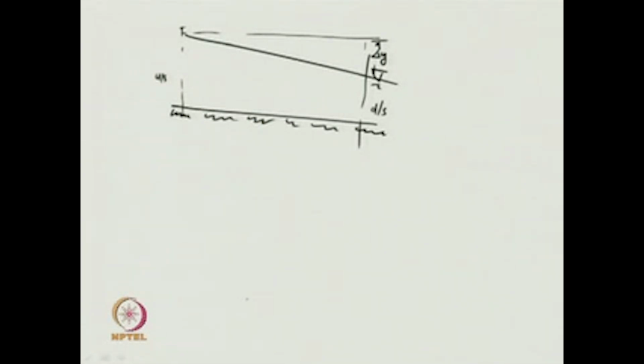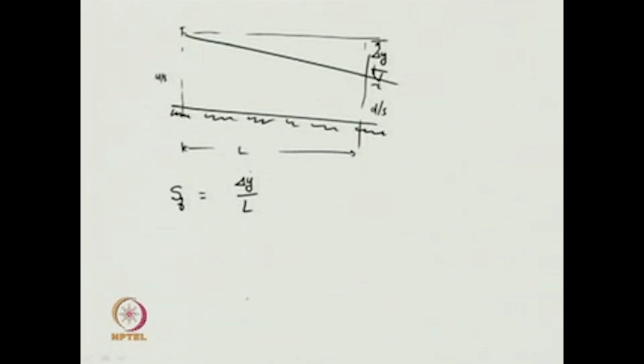That difference is given by del y. So, this del y by L we can initially approximate as energy slope. That is not theoretically correct, but that is the initial approximation. We are suggesting that the component of velocity head is very negligible in determining the energy slope. Therefore, the energy slope S f is given by del y by L.